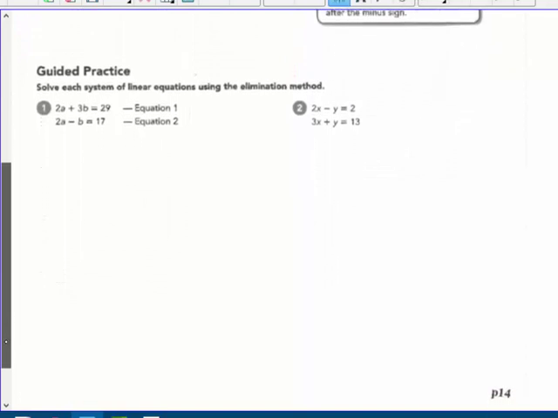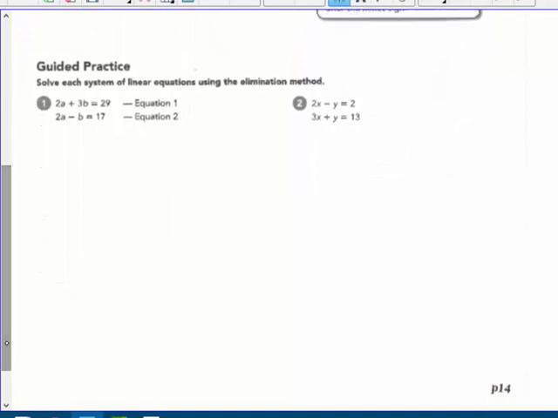So I'm going to practice this in a couple more examples here. I'm going to take equation 2 and subtract it from equation 1. So 2a plus 3b, I'm writing it over here, equals 29. And I'm going to subtract 2a. So I'm going to subtract this equation from equation 1.